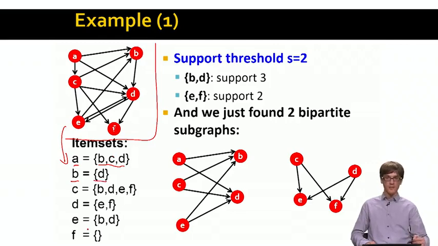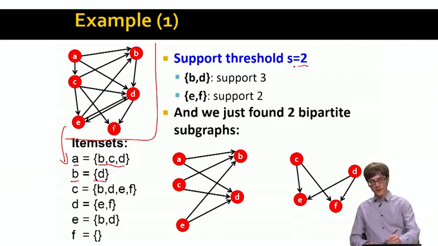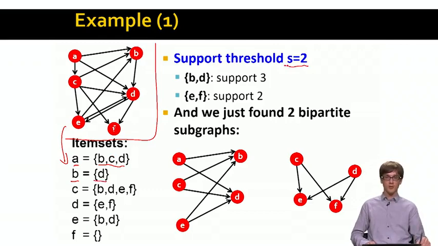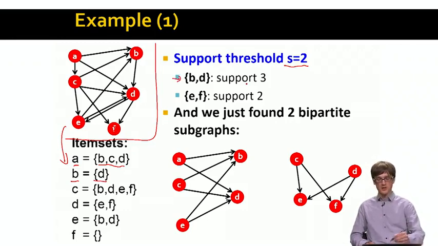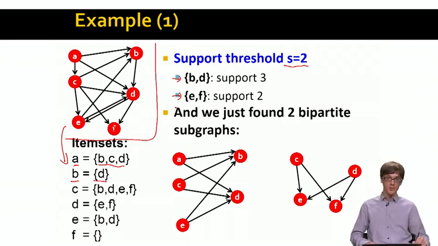Now imagine that I want to find all the frequent item sets with support threshold equal to 2. If I do this using, let's say, the a priori algorithm on this set, I find that BD has support 3, and I find that the item set EF has support 2, which means we have found 2 bipartite subgraphs.